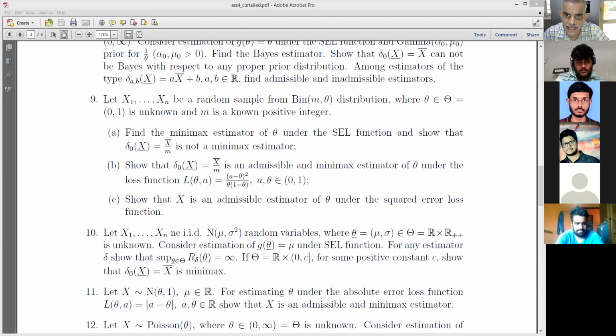If I choose that, what would be the posterior distribution? N x bar by sigma naught square plus mu naught by tau naught square. What I'm saying is, let us choose the prior to be normal with mean mu naught and variance tau naught square. Is that okay? Rather than 0 and sigma M square, I choose the prior to be normal, mu naught and tau naught square.